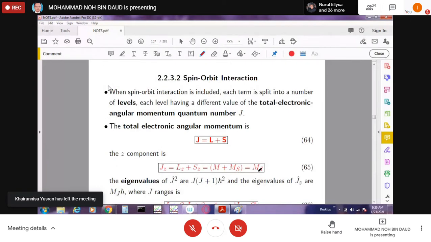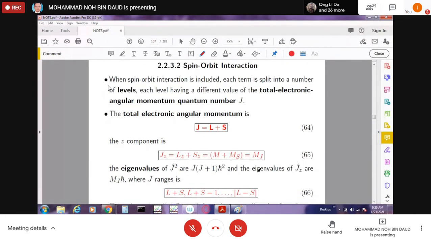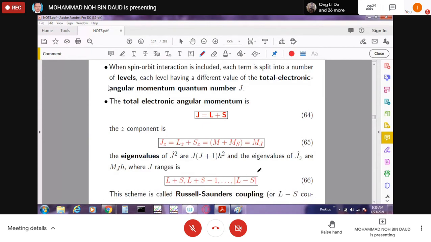Through the spin-orbit interaction here, we can determine the J quantum number through this scheme, the Russell-Saunders scheme. So this can be shown: how this L relates to S to give J, the quantum number.